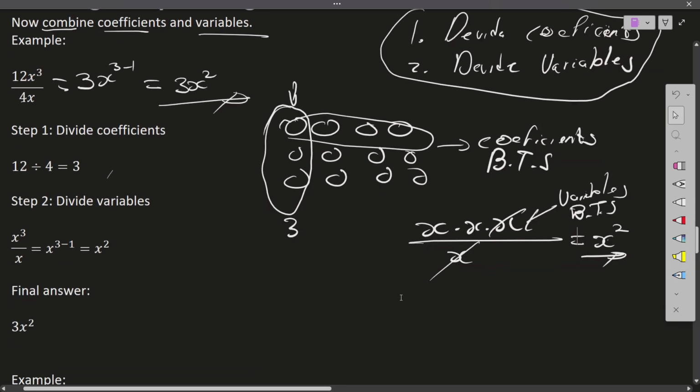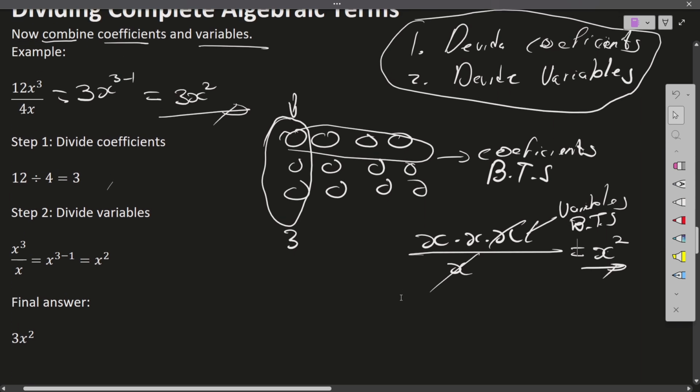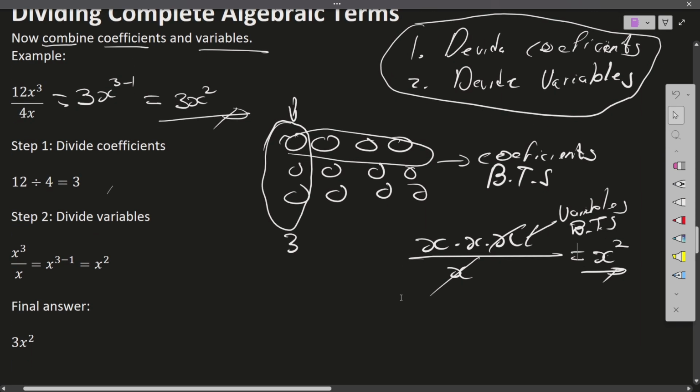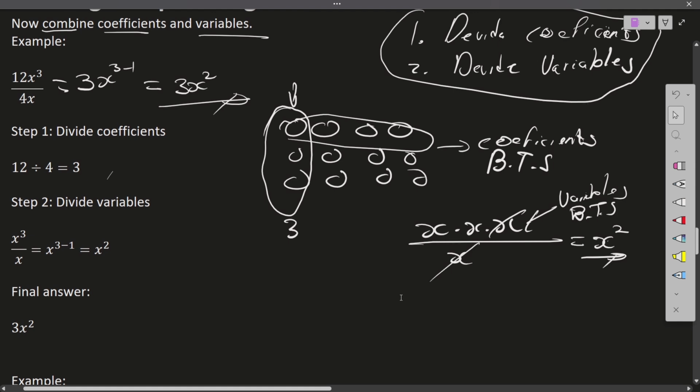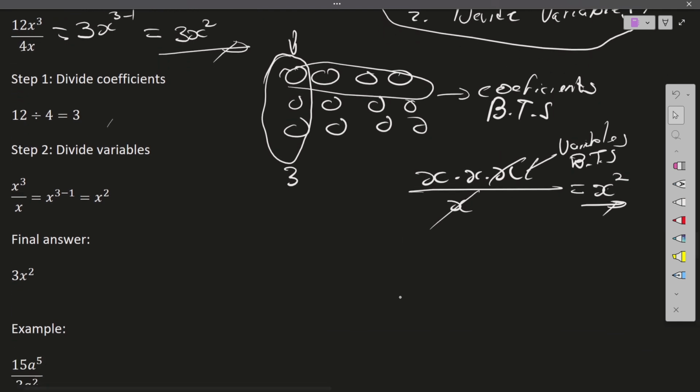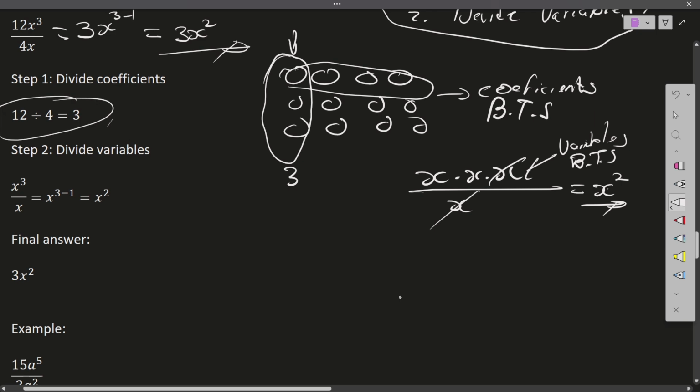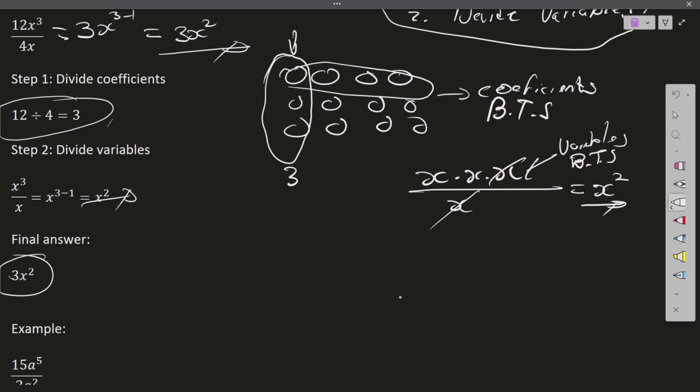We are doing mathematics now. This is not BTS, it's behind the scenes. Just like how we did here, 12 divided by 4 is 3, and x to the power of 3 divided by x is basically x squared, and our final answer was 3x squared. It doesn't change when it's like this.